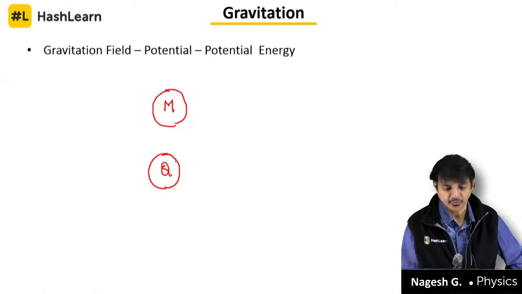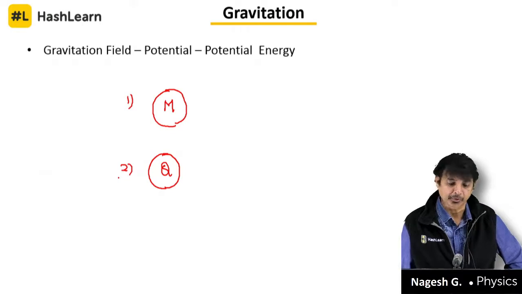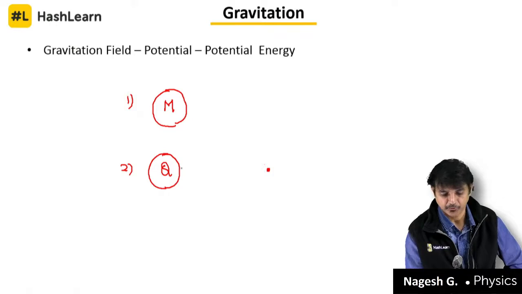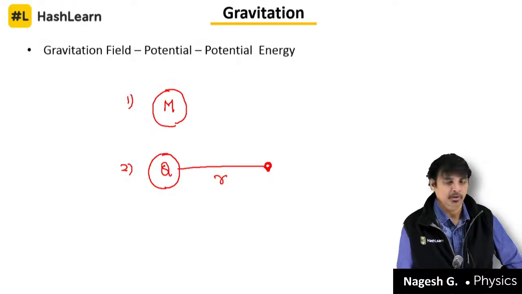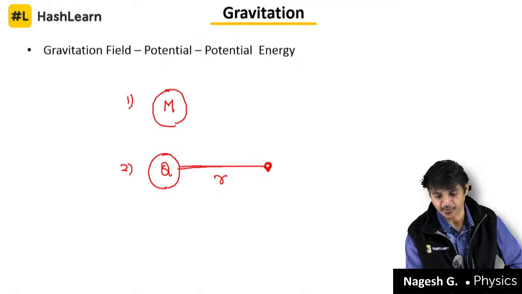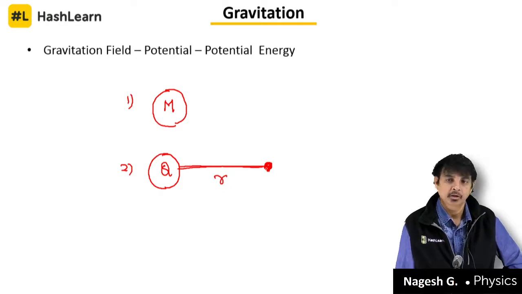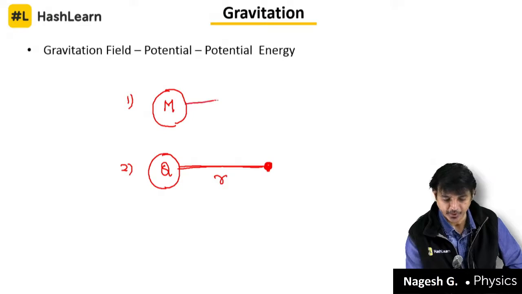If I ask you in the second figure how to show the influence, you have to keep a small test charge at a distance of small r from the source charge. Then we define it as the force experienced by a unit test charge placed at a distance r. That force experienced by the charge implies electrostatic field. Same is the case here.